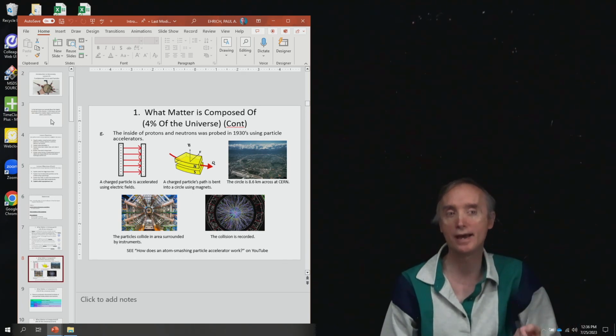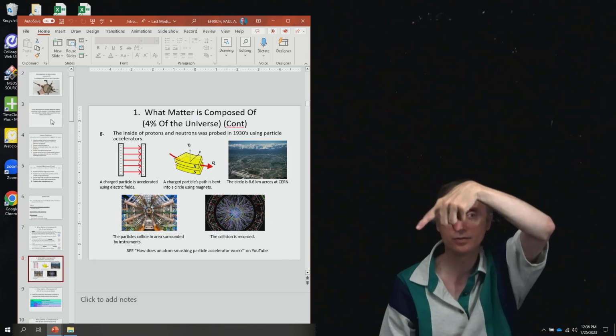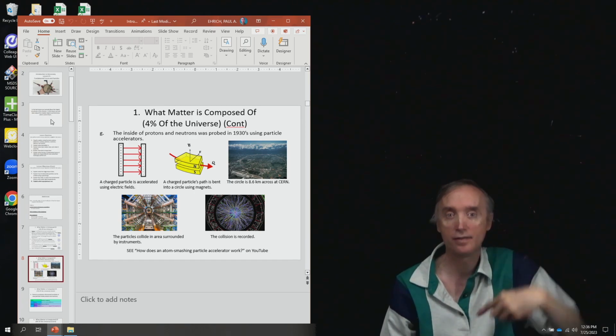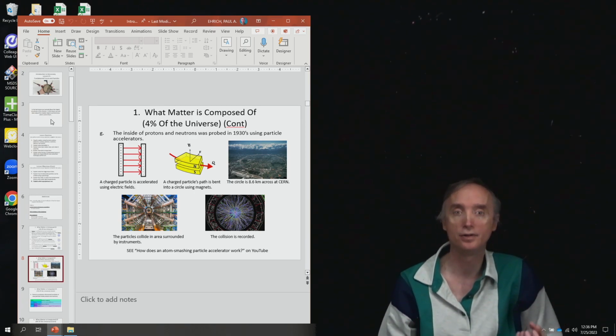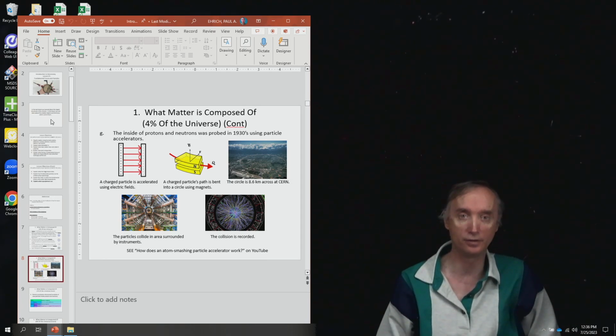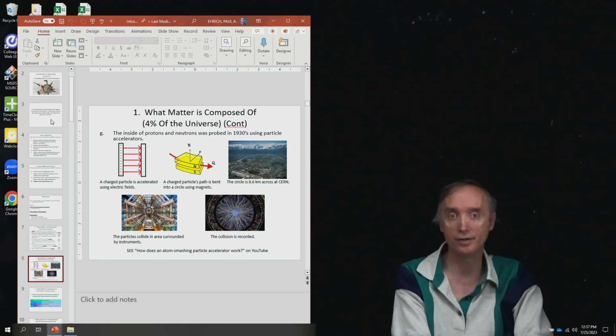Then we use magnetism to make the trajectory go around in a circle. And then we collide particles together and look at the other particles that come flying out of the explosion. From using these experiments, we have found many different kinds of fundamental particles that reside inside of protons and neutrons.